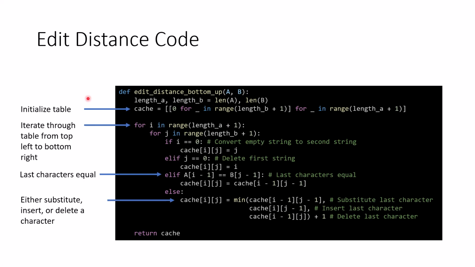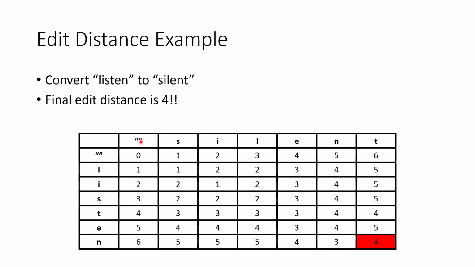And so this is the code. It's really not that complicated. We're really just iterating through a table. So that's why I have a double for loop. I'm first going to go over length of A plus 1, and it's plus 1 because you'll notice from the table that I left an extra element for the base case of going from nothing to nothing here. So that's why I have an extra character.